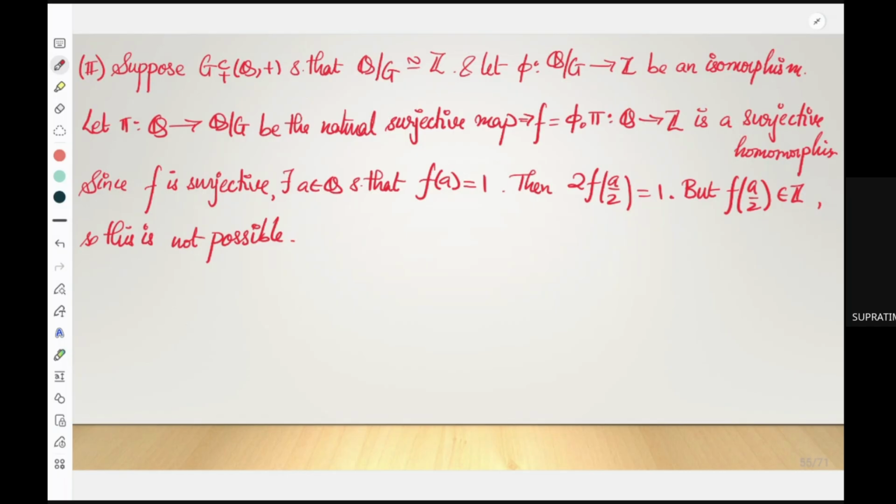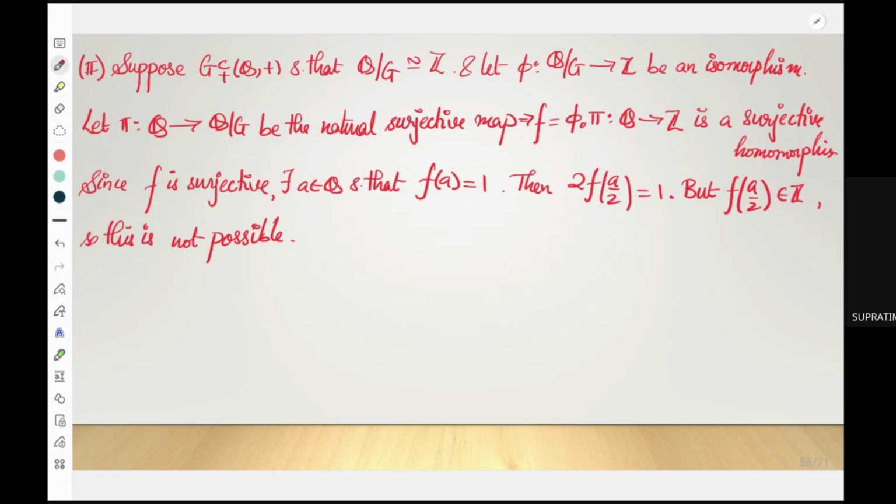Sir, I think this is an interesting point, because this given part is pi, and you have defined pi, and then composing it would reduce to finding a surjective homomorphism from Q to Z. Yeah, this part is quite interesting. No, because quotient groups are always quite difficult to work with.